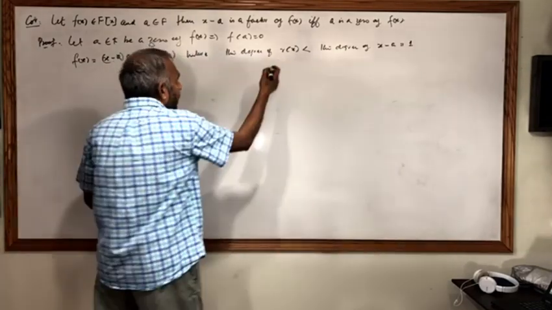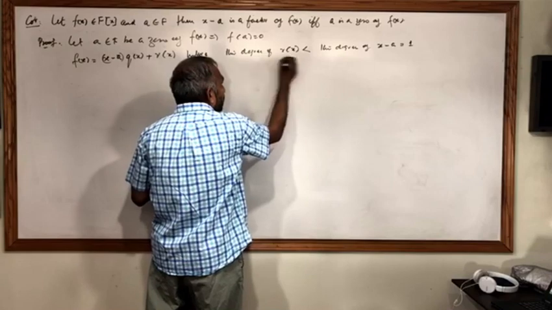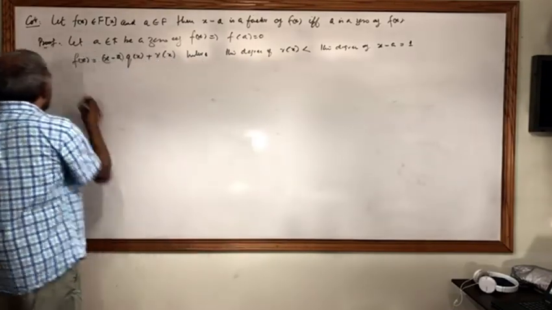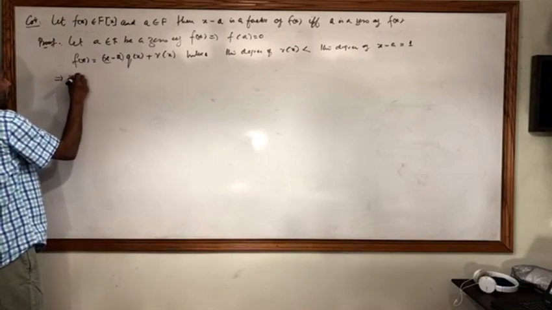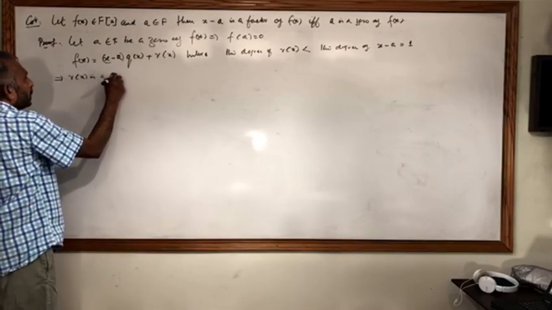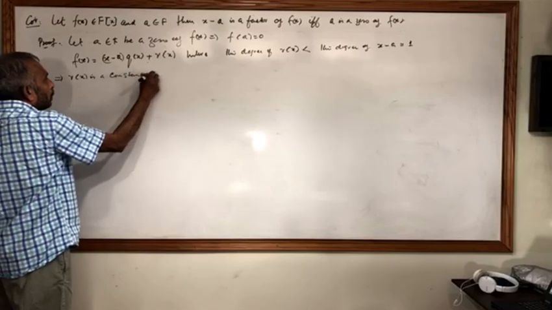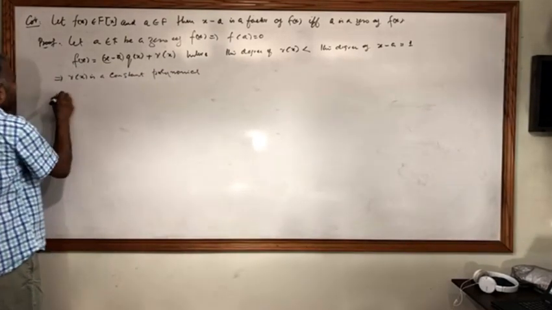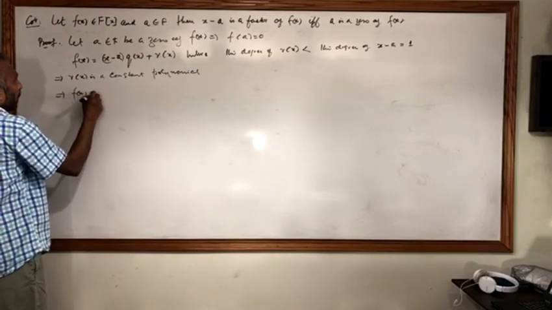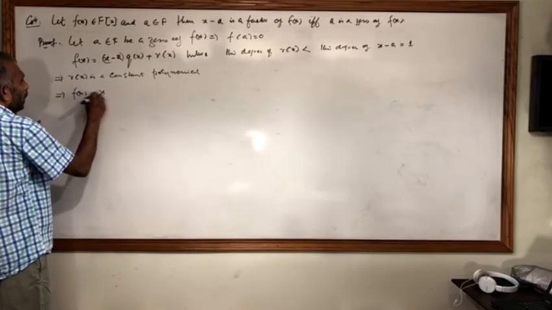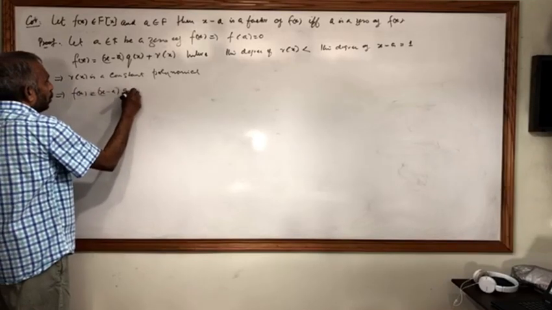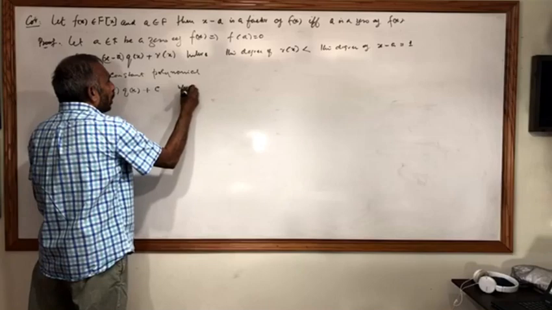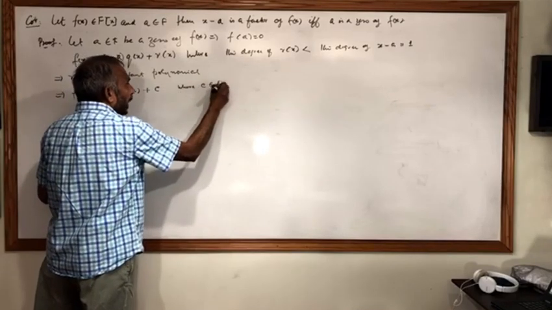So the degree of r of x has to be 0, meaning r of x is a constant polynomial, and that implies f of x is equal to x minus a times q of x plus c, where c belongs to F.